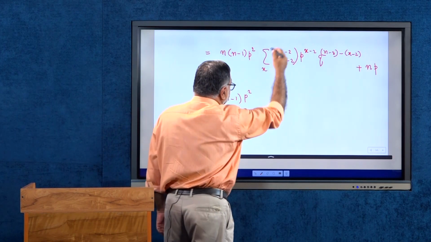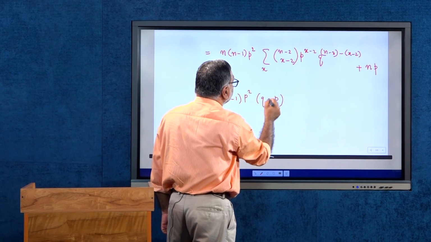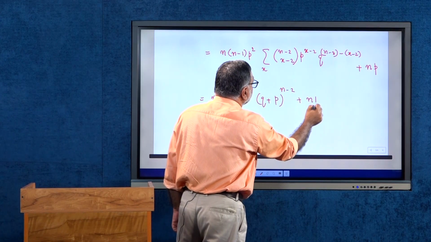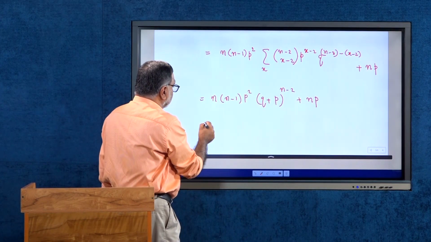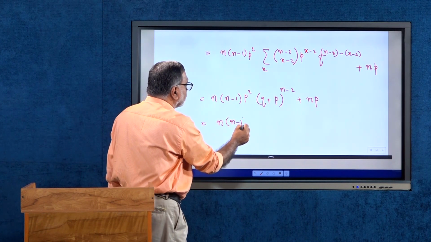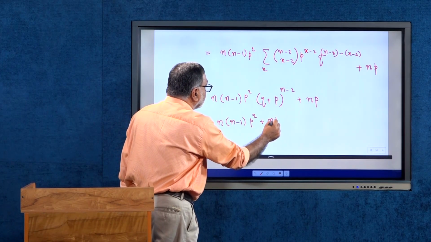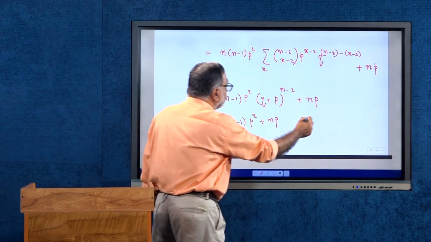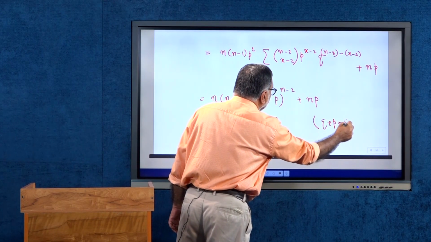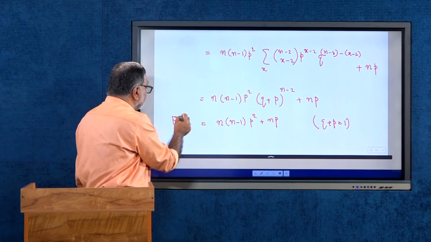This summation is nothing but our q plus p all power n minus 2 plus np, and that is n into n minus 1 p square plus np. Why? Because q plus p is equal to 1, this value is equal. So, this is our expectation of x square.